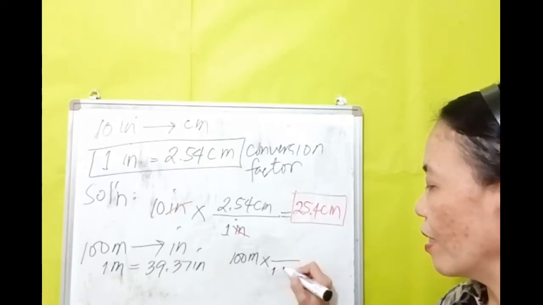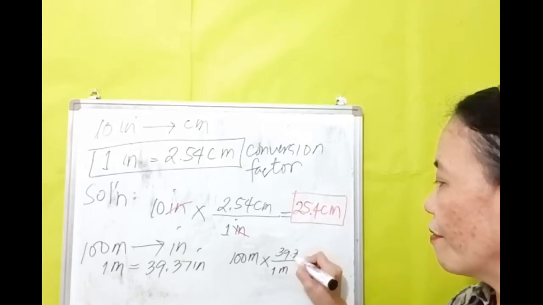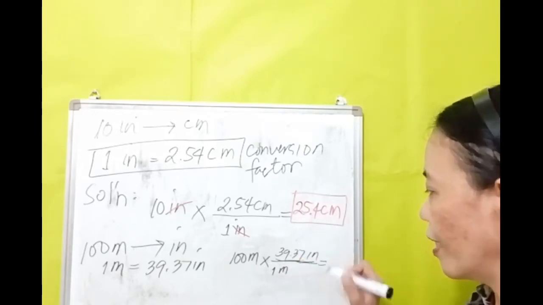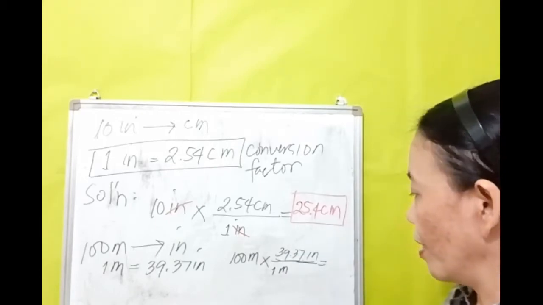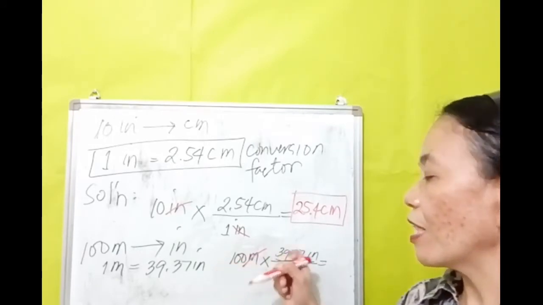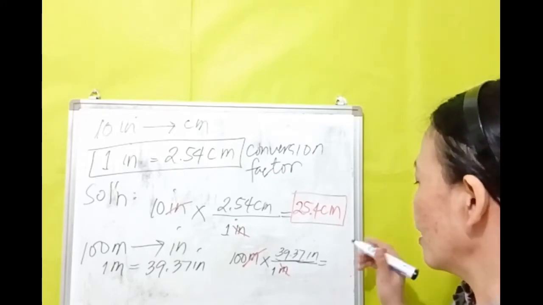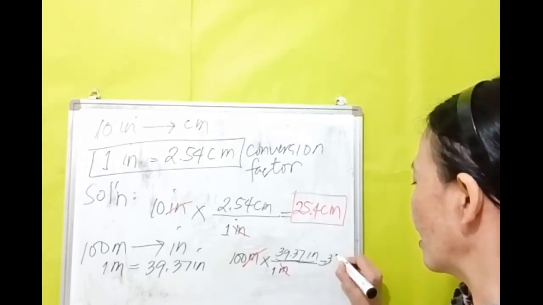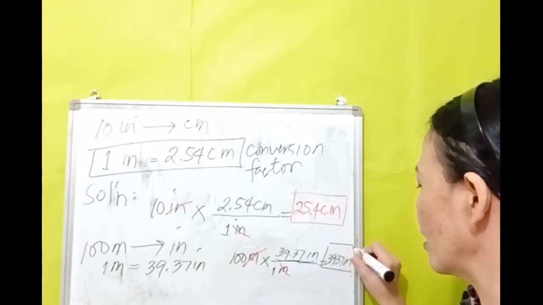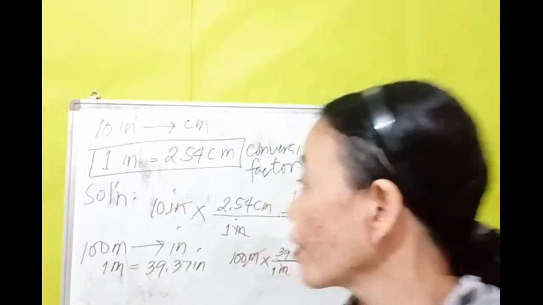Write 1 meter in the denominator and 39.37 inches in the numerator. So cancel meter and meter. So 100 times 39.37 inches divided by 1 is 3937 inches, or 3,937 inches. Okay, next.